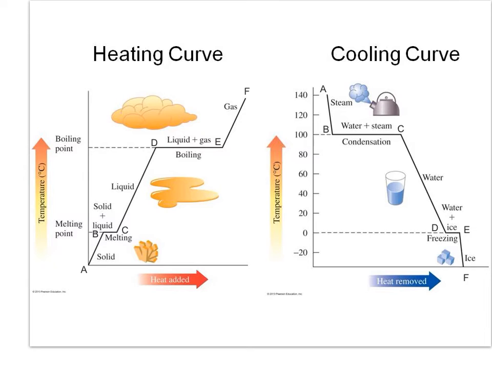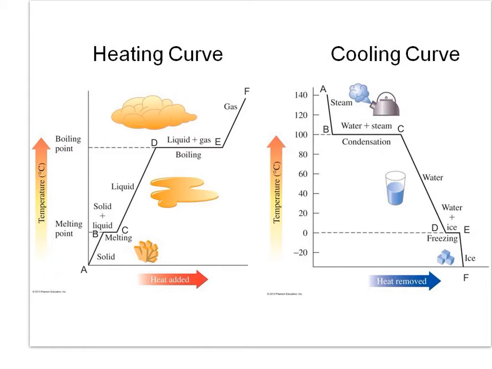From B to C, the substance absorbs heat, but there is no change in temperature. So the region B to C is a plateau, which we call the latent heat of fusion.